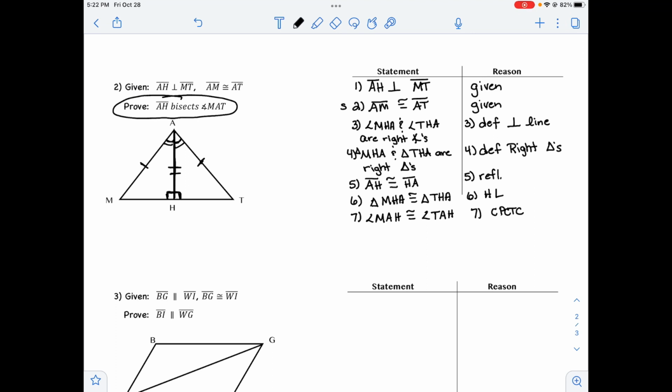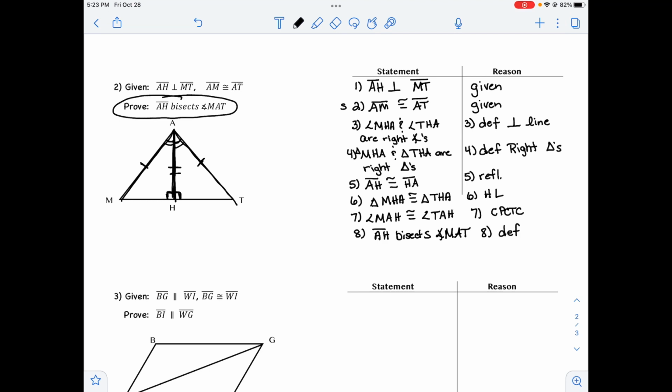Now, we are at our last piece. Remember before we had to do an extra step about bisecting? That extra step has to do with the definition of the word. So now we have to state the definition of bisect. And because we know what we're looking for, we're saying AH, which was here, bisects angle MAT, and we know that because that's the definition of bisect, to cut in half.